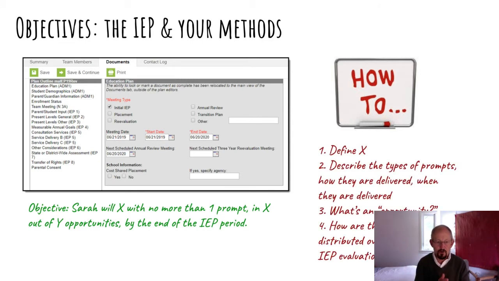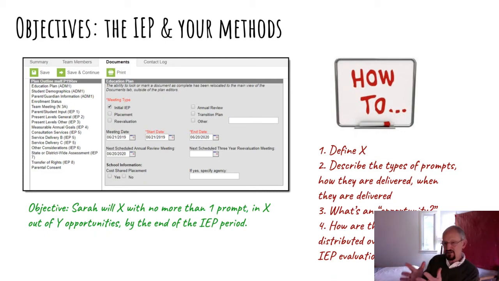Okay, so first of all, of course, we have to define X, right? What's the thing that Sarah is going to do? What's the target there? We're going to have to describe the types of prompts. How are they delivered? When are they delivered? For example, if it's a hierarchy of prompts from, let's say, visual or gestural to verbal to partial physical to physical, then we describe how that is given.